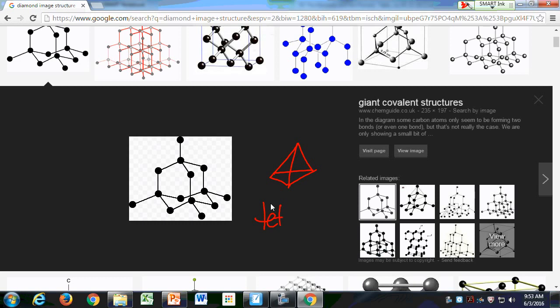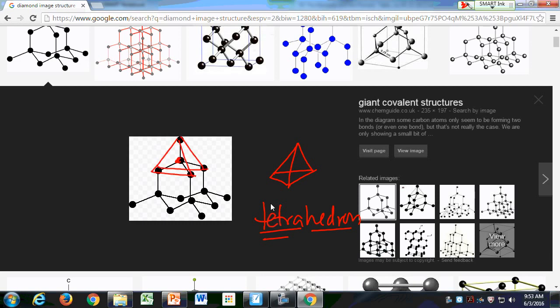So you say it's a tetrahedron. Tetra in Greek means 4, hedron means sides. So a pyramid is a tetrahedron. So you say the arrangement of the atoms in diamond is tetrahedral. Imagine this atom right here, for example, is in the center of this pyramid.